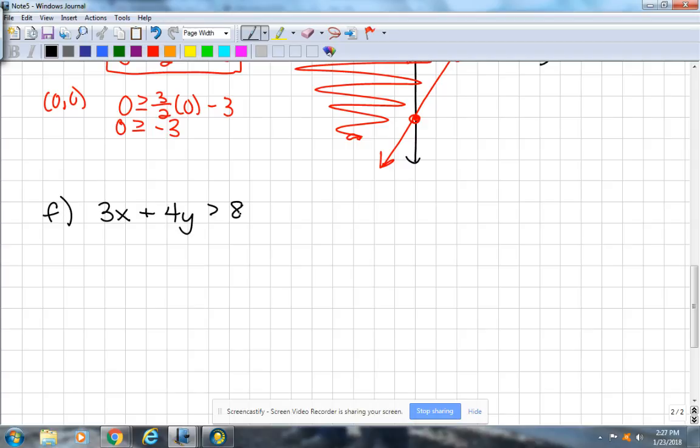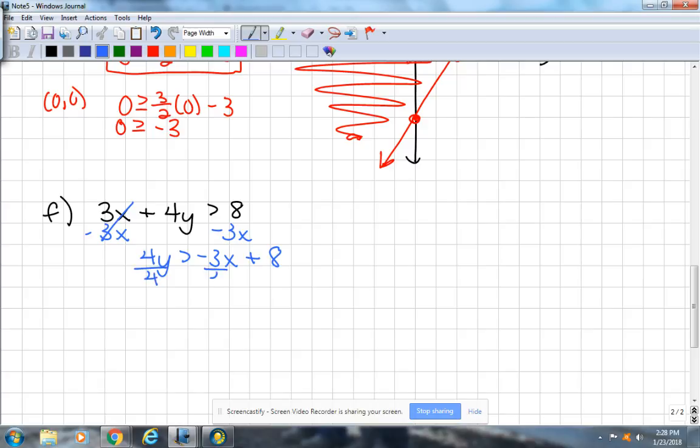All right. So for this one, what do we have to do first? How do I get this in slope-intercept form? Yep. Subtract 3x on both sides. So 4y is greater than negative 3x plus 8. Then what?